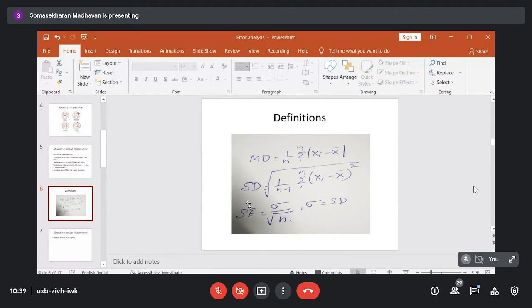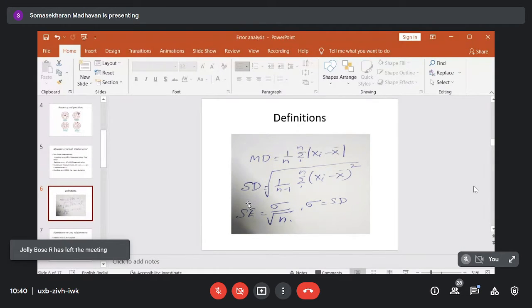The expected true value is the arithmetic mean. Take the deviation of all values from the arithmetic mean, which should be absolute, without sign. Then take the sum of that divided by the number of observations, that is called mean deviation. So this is the absolute error estimated in the case of multiple or repeated measurements.